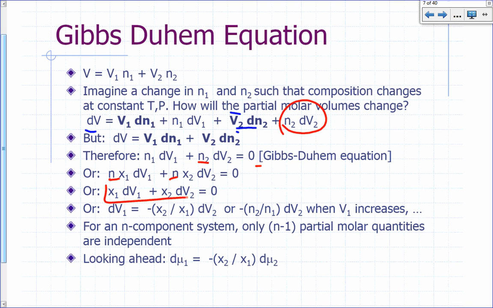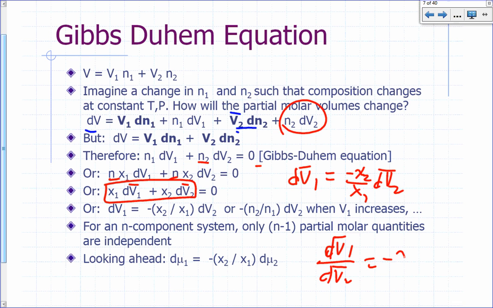So you can just say that x1 dV1 bar plus x2 dV2 bar must be equal to 0. Or you can rewrite this to say dV1 bar equals negative x2 over x1 times dV2 bar. Or you can say dV1 bar over dV2 bar is negative x2 over x1. You can see it's a negative number.